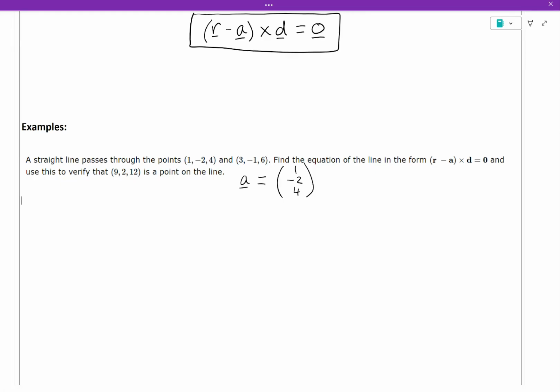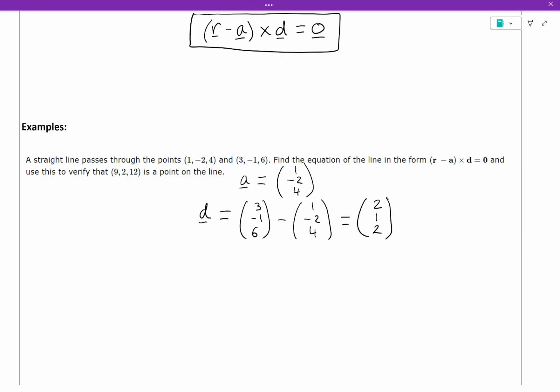Now to calculate d, your direction, you need to take the position vectors of two points on the line and subtract them. So let's do 3, -1, 6, which is this point here, which is definitely on the line, subtract my point for a, which is 1, -2, 4. This is equal to 2, 1, 2, so that is my d.